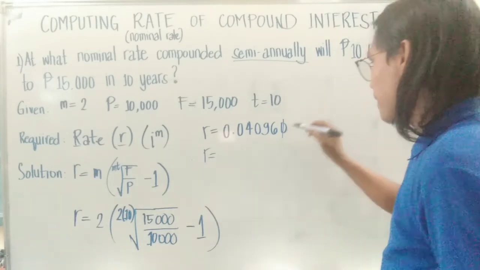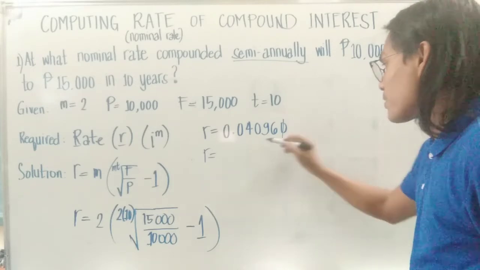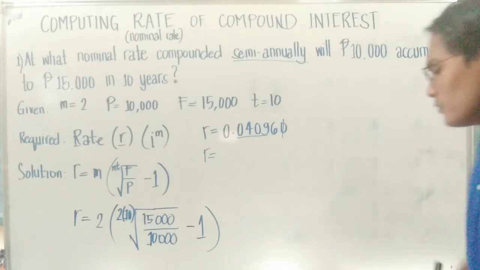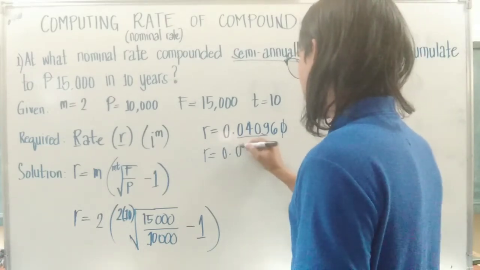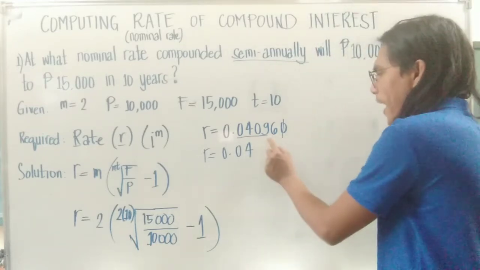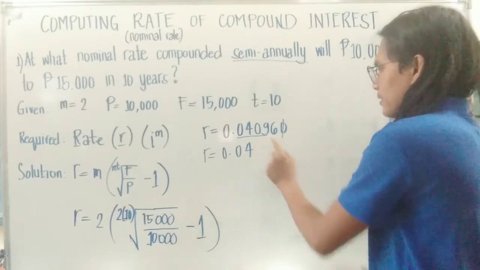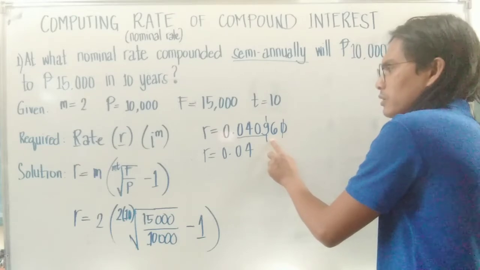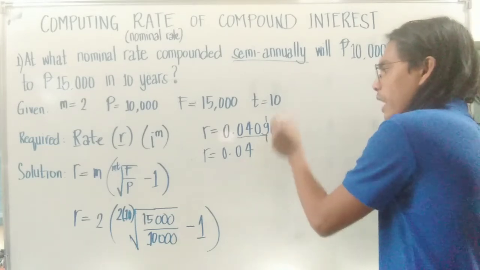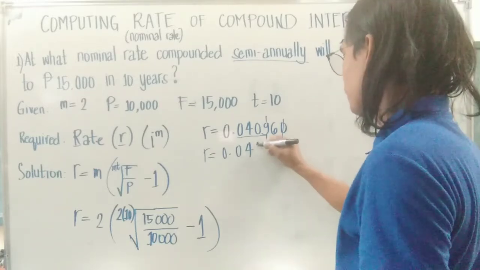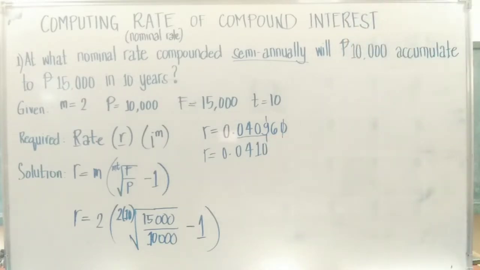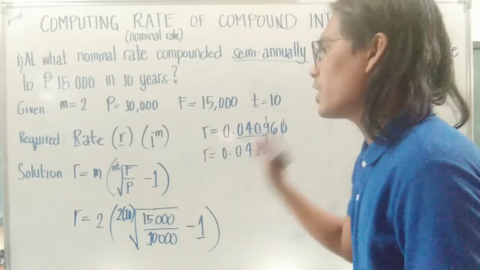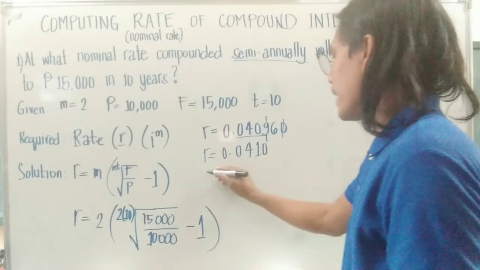Okay? So you can eliminate that. We are using 6 decimals and we are finalizing our answer using 4 decimal places. So in our case we have 0.04, and if we round off 0.9, because we have 6 in here, we will be rounding up 9, so it will become 10. Right? So we have 0.0410, or to get the percentage form, just multiply this by 100.